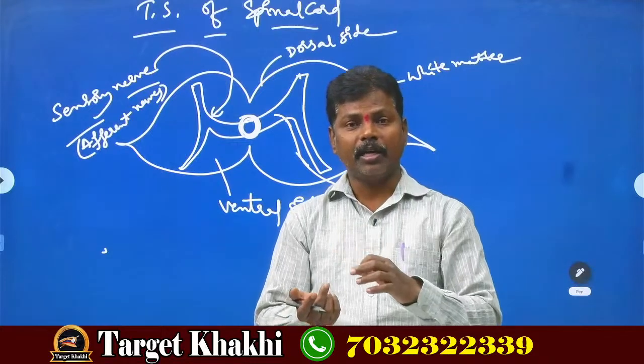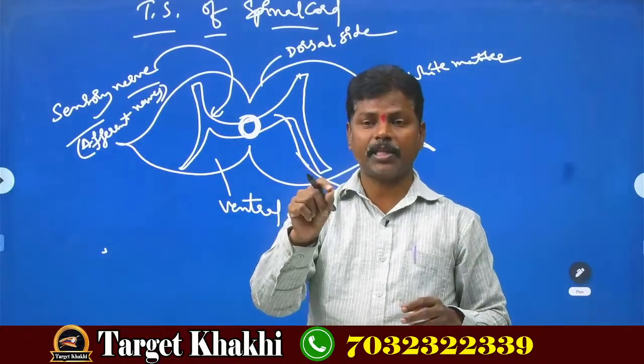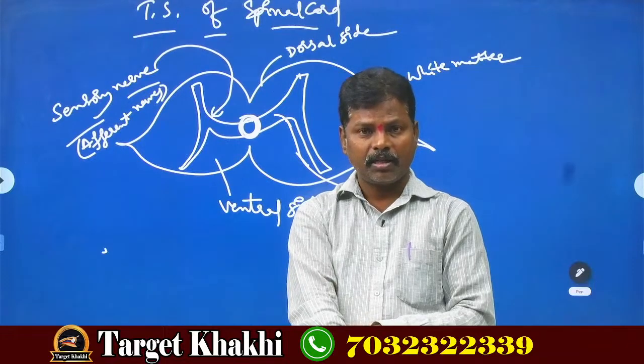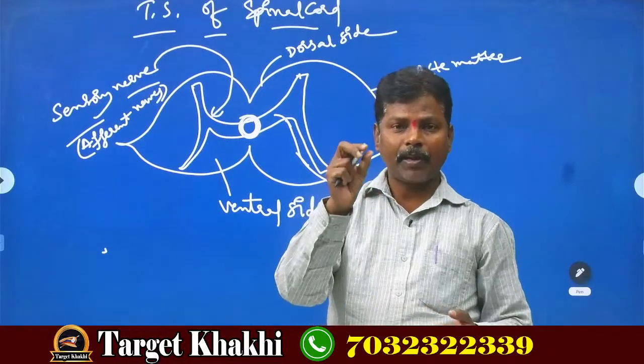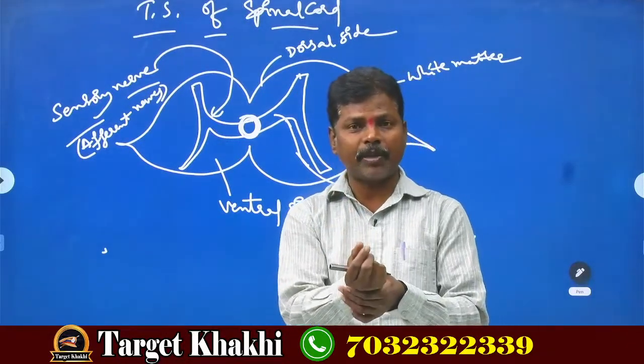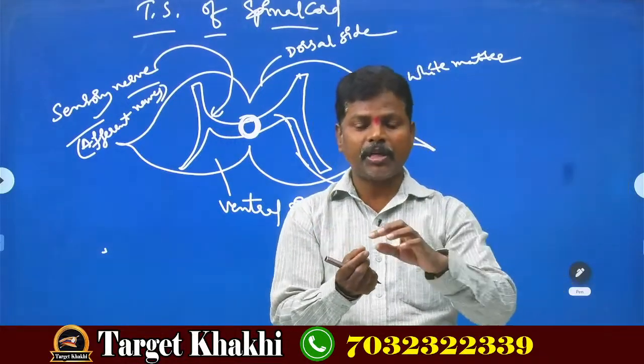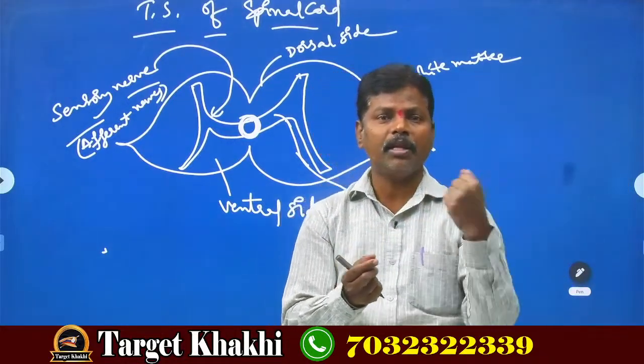Suppose when a mosquito bites us, or when I am plucking a rose and a thorn pricks my skin, immediately I remove it with my left hand. If the injury happens to the right hand, I will remove it with the left hand.